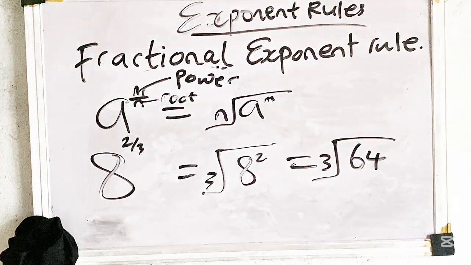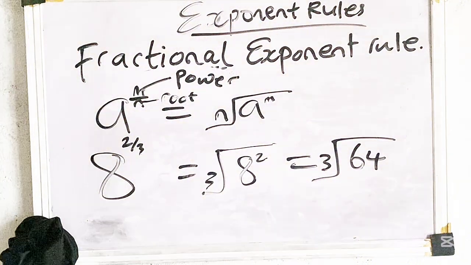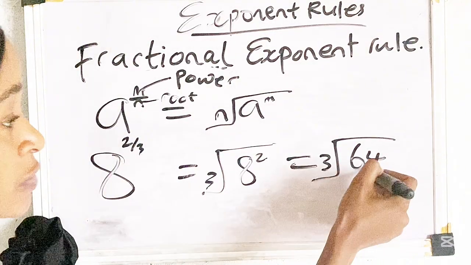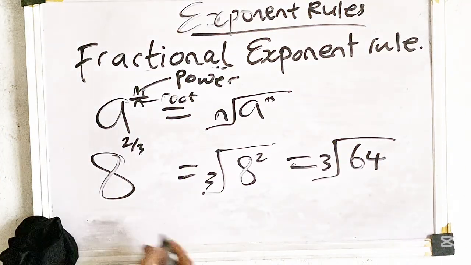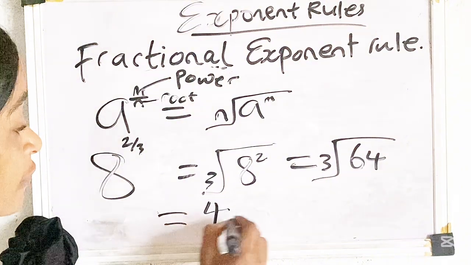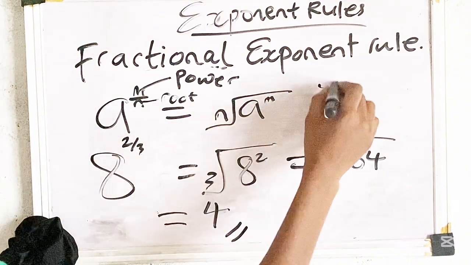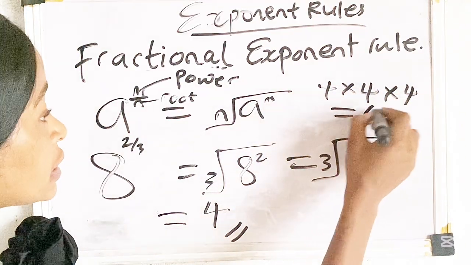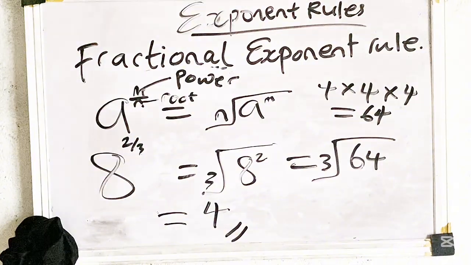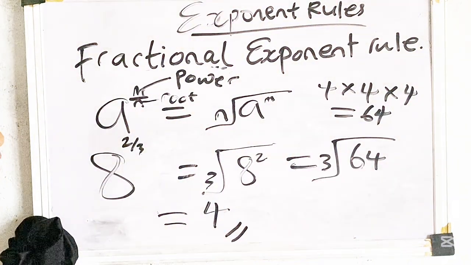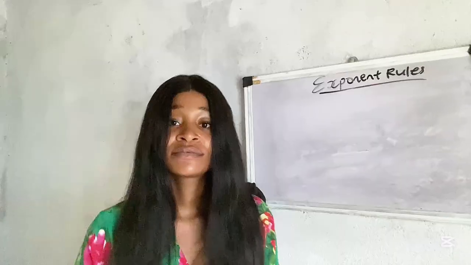Now, in order to find the cube root of 64, we have to find the number that can multiply itself 3 times to get 64. That number is 4. Let's check. 4 times 4 is 16, times 4 will give us 64.